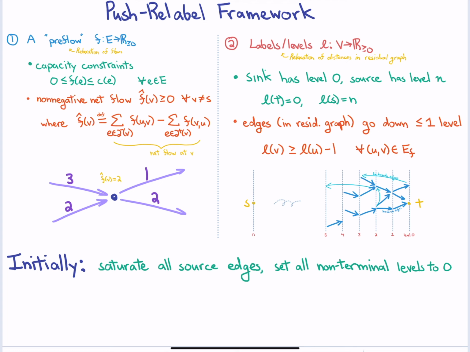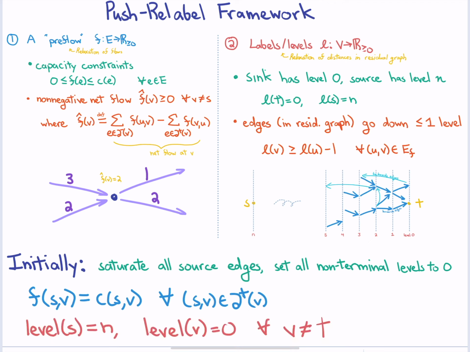Initially, you have a source vertex, and maybe it has some edges leaving it. We try to push as much flow as we can on all those edges. So that's step one: we initially saturate all the source edges in the graph. For every edge leaving the source, I just push as much water out as possible.